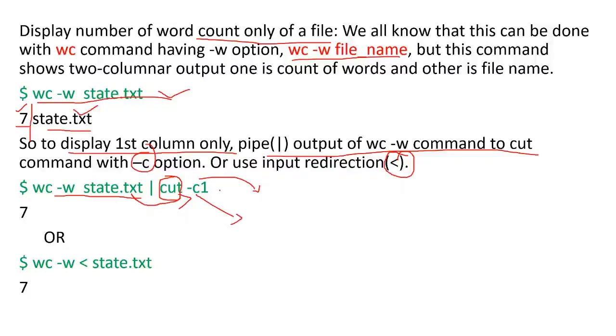Which column? The first column. It was displaying 7 in the first column and the file name in the next column, state.txt. So the first column it is going to cut.